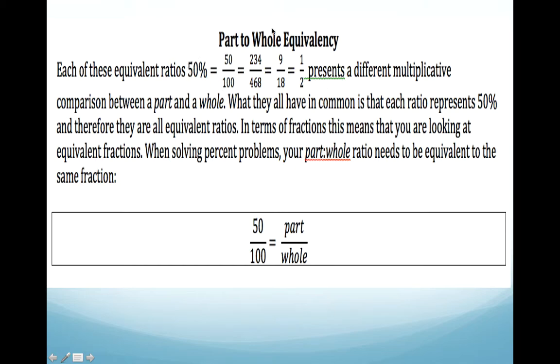These are all equivalent ratios. These are all equivalent fractions. When solving percent problems, your part to whole ratio needs to be equivalent to the same fraction. 50% is 50 over 100 equals part over whole.